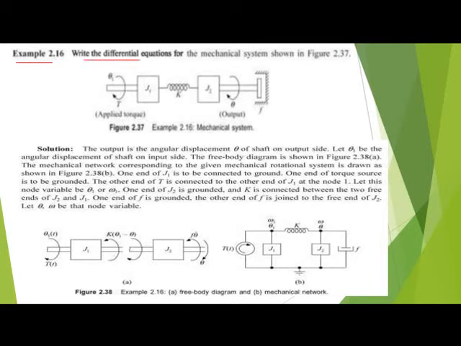This is example 2.16: write the differential equation of the mechanical system, and this is one example of a rotational mechanical system. There are two moments of inertia, J1 and J2.